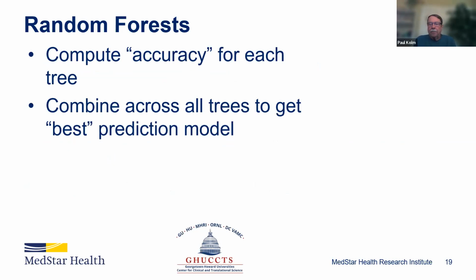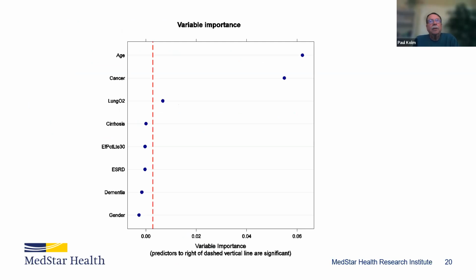So random forest is a neat way of getting, not necessarily a model in the same way that you get with multivariable regression, but it gives you an idea of which variables are most important. This is one way that some software presents the variable selection, and it gives you the list of all the variables.